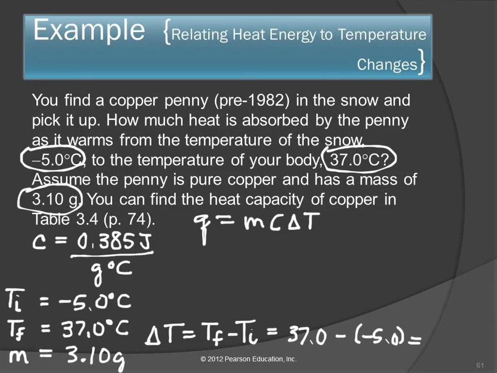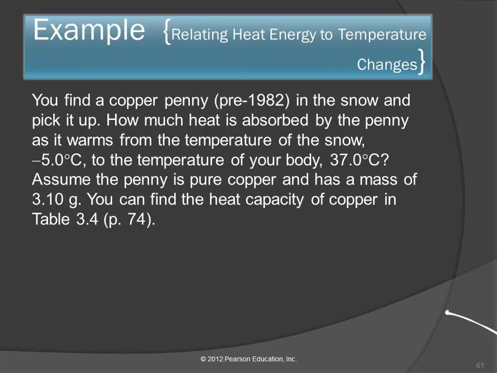So be careful subtracting a negative there. That's going to end up being 42.0 degrees Celsius. 37 minus minus 5 is the same as 37 plus 5. What that tells us is the penny changed temperature 42 degrees. So now we can take these values that we figured out.